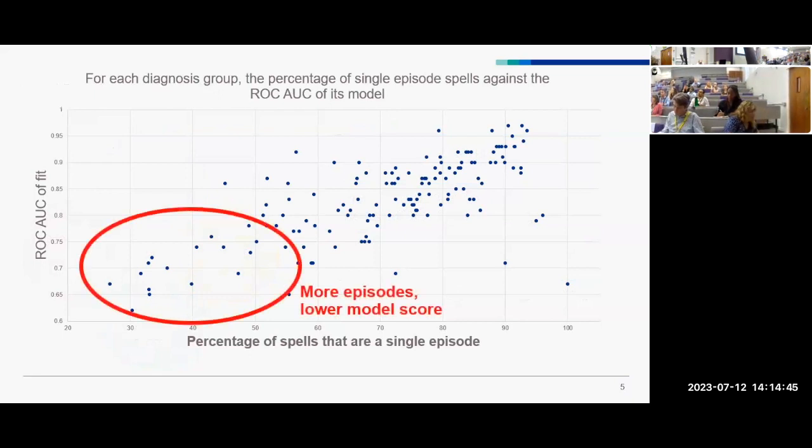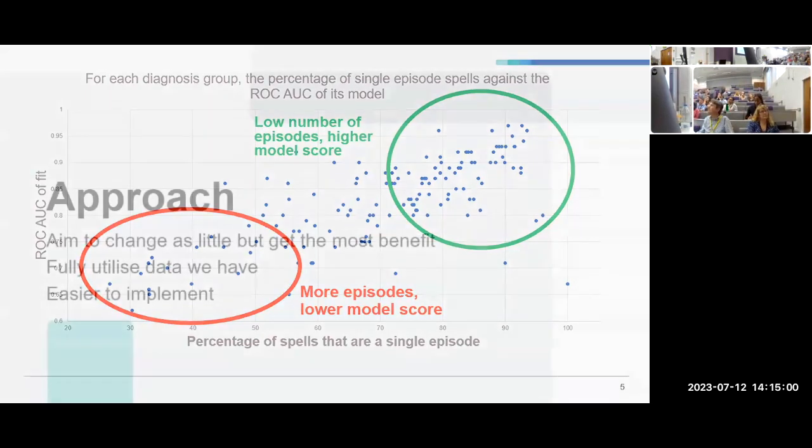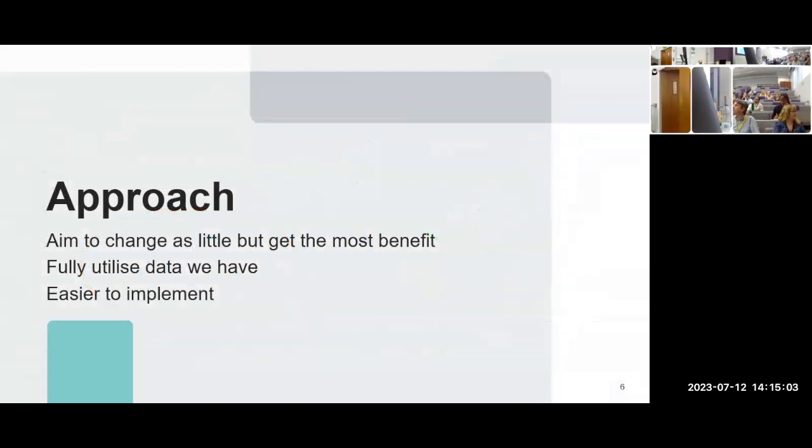So to me, this suggested that with the current features in the SHMI, it wasn't able to get enough information out of a single episode to make a good prediction for many conditions. There are other problems as well, but I had limited time, so I'll focus on these.